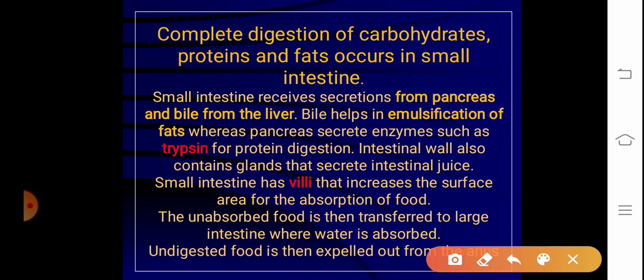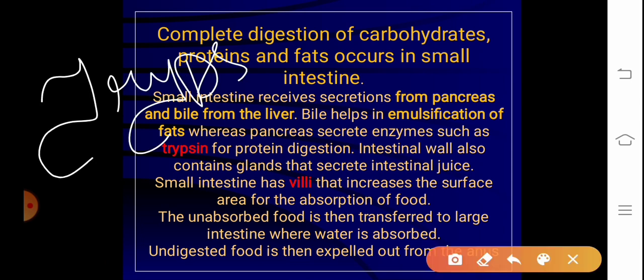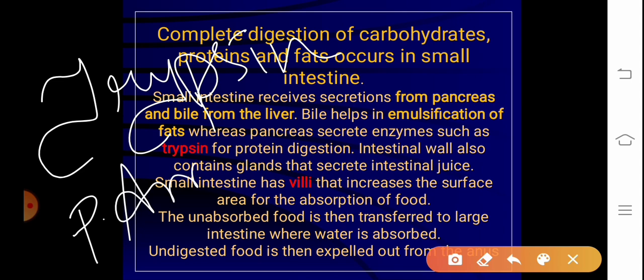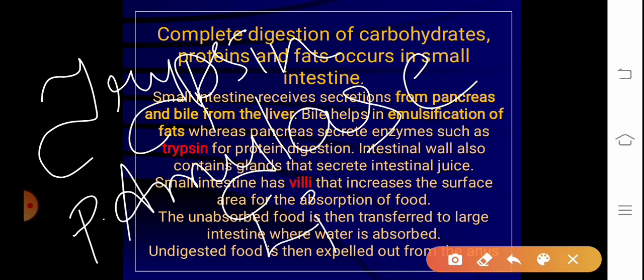It is amylase, the pancreatic amylase. And other than amylase, it is lipase. So these are the 3 enzymes released by the pancreas: trypsin, amylase and lipase.